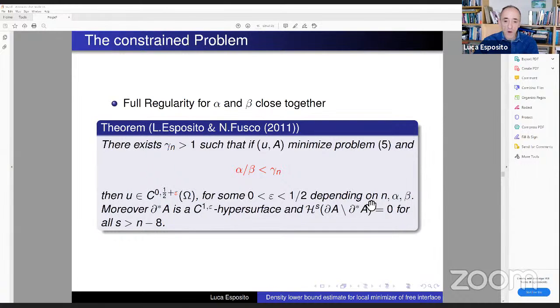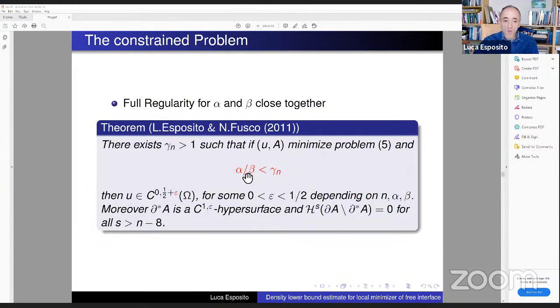Yeah, so epsilon depends on alpha and beta. The values of these epsilons depend on how close alpha and beta are.